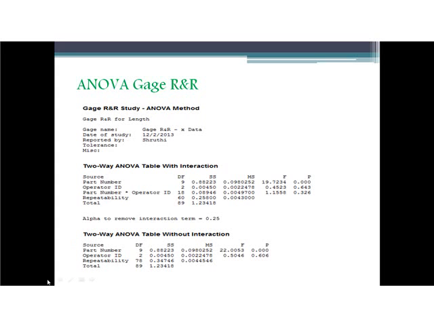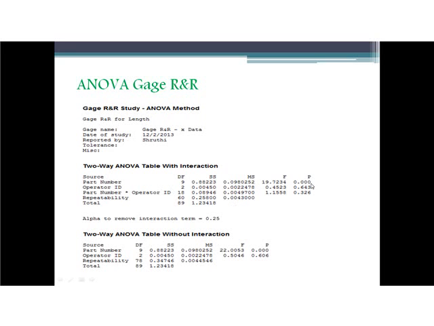Here we can see the two-way ANOVA table with the interaction, and the two-way ANOVA table without the interaction. Coming to the values part, here we consider the p-value, and if the p-value is less than 0.05, we reject the null hypothesis. Here in the case of part number, means are not equal.